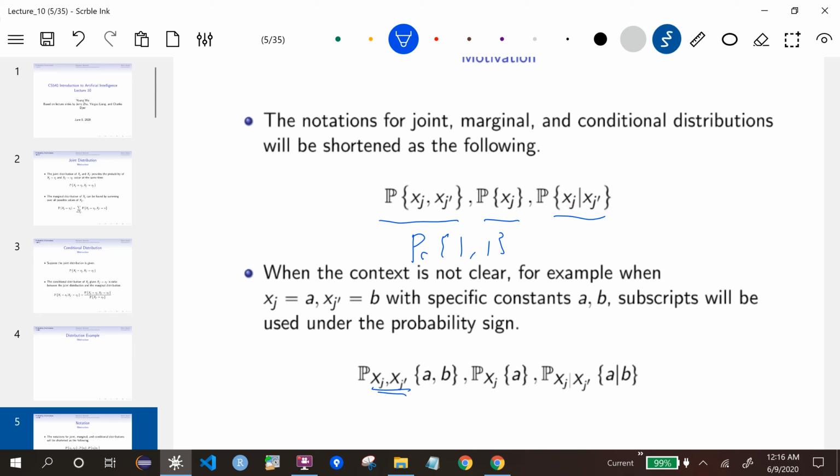So sometimes we'll have subscripts. We'll have something like probability of x1, x2, and you can understand that as the probability of the x1 variable taking on this particular value, and x2 taking on this particular value. If it's clear, we can see that this has x1 taking on 1 and x2 taking on 1 as well. But in case it's not very clear, I'm going to have subscripts.